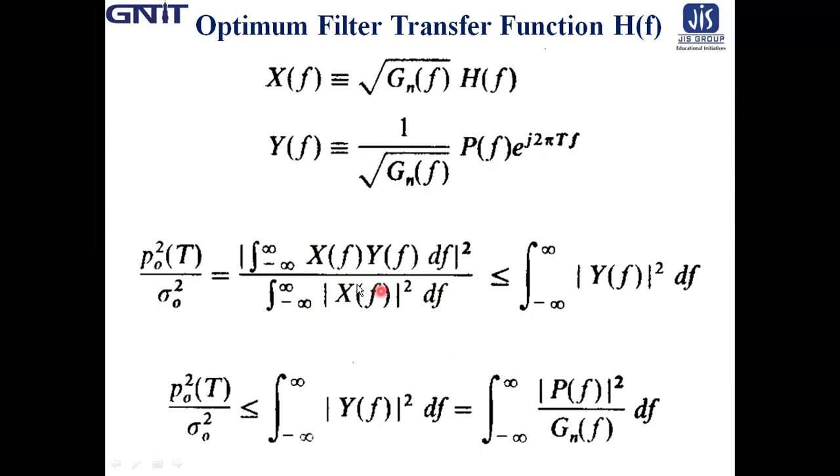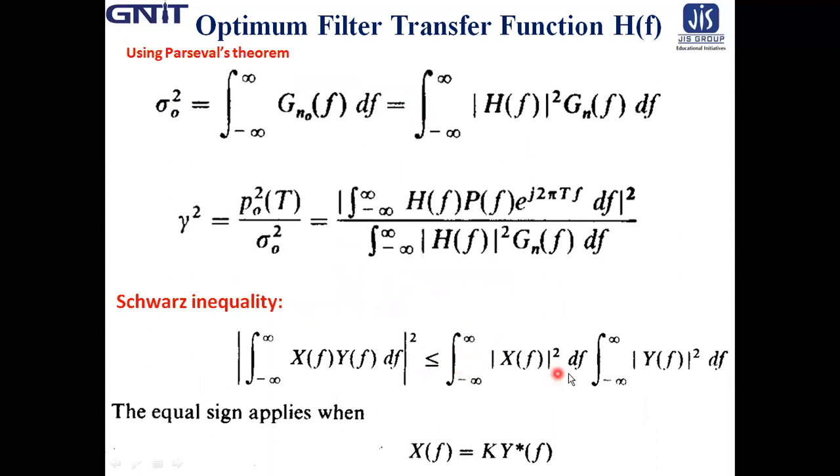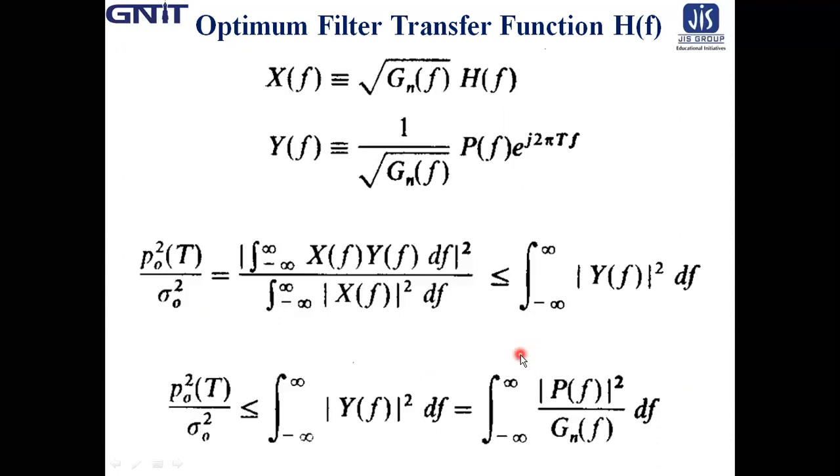The numerator is less than or equal to the product of the individual terms, and in the denominator x(f) square cancels, so only the integral of |y(f)| square df will exist.